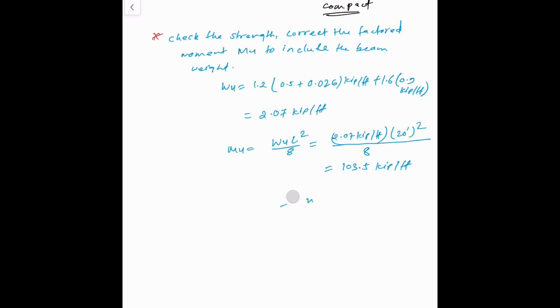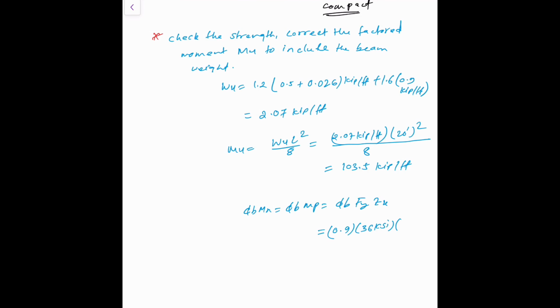So the nominal moment Mn equals the plastic moment, equals Fy times Zx. Let's include the phi also. So including phi b: phi b Mn equals phi b Mp equals phi b Fy Zx. You can get this value directly from the manual, but we are doing it for A36 still.